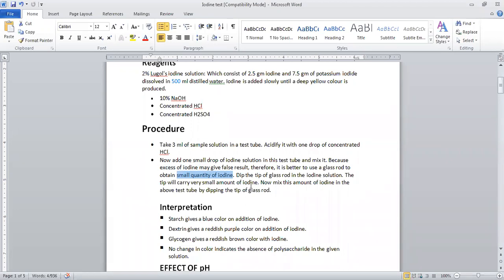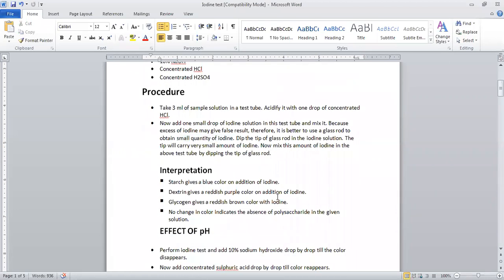When you dip the tip of the glass rod in the test tube, there will be a color change. If there is any color change in the test tube, it means polysaccharides are present. But we can identify the polysaccharides on the basis of color difference.